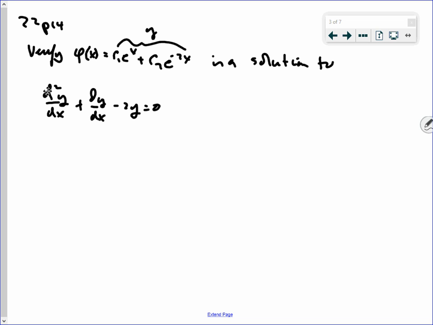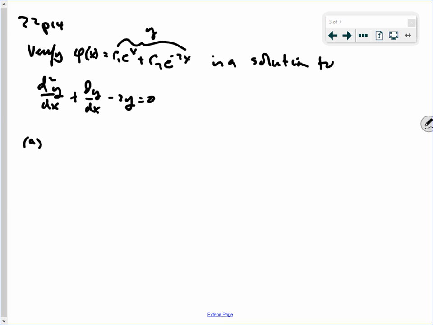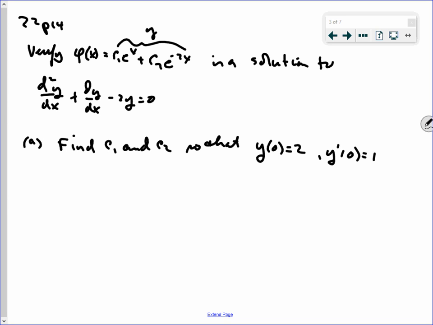Okay. Let's go to part A of this. Find c1 and c2 so that y of 0 equals 2, y prime of 0 equals 1.